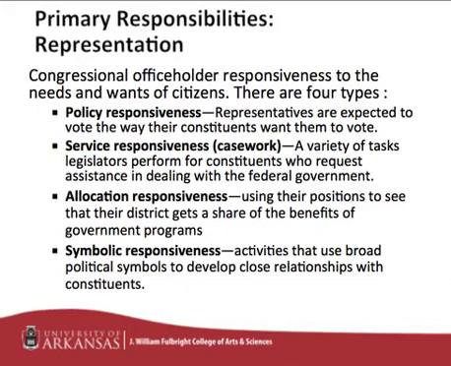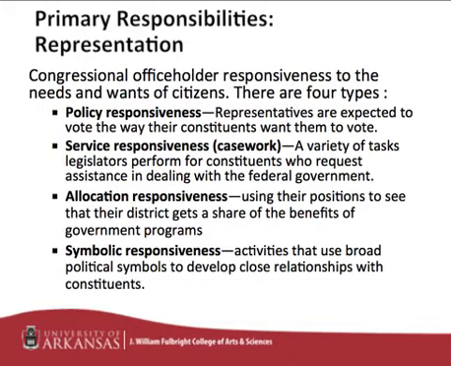Now, beyond this, if we go ahead and segment out the different representatives' responsibilities, we can see that the congressional office holder responds to the needs and wants of citizens through four different means. The first is most obviously that of policy responsiveness.